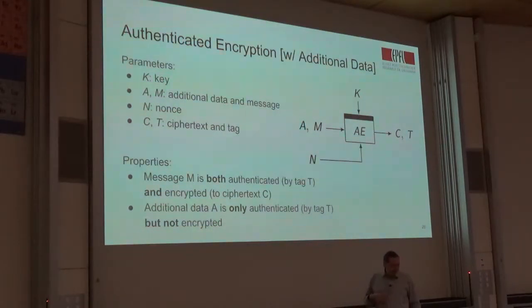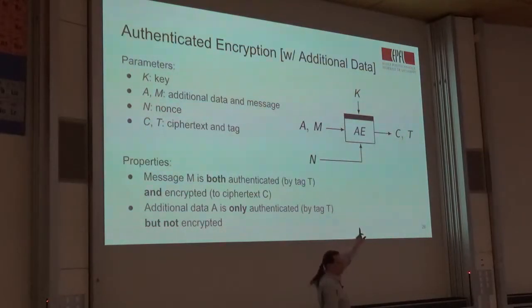The basic idea here is an AEAD scheme takes a key as usual, takes additional data A and a message M to be encrypted, and produces a ciphertext C of the message, and a T, which is the authentication tag, right?